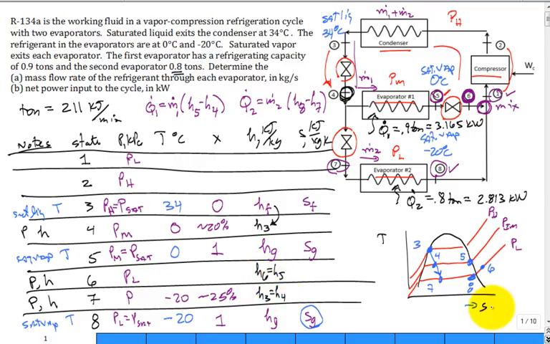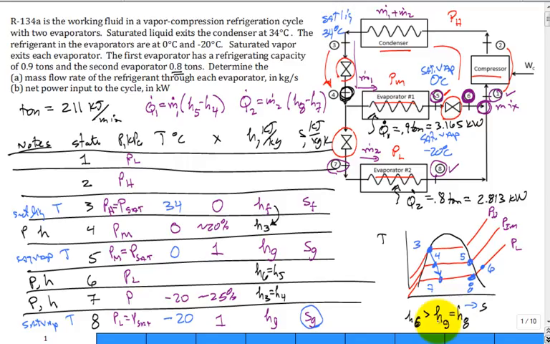And when you check, you're going to find that H5, or H6 now, is greater than Hg, saturated vapor, at that low pressure, which is equal to H8. So it's going to have a higher enthalpy, hence it has to be slightly superheated.